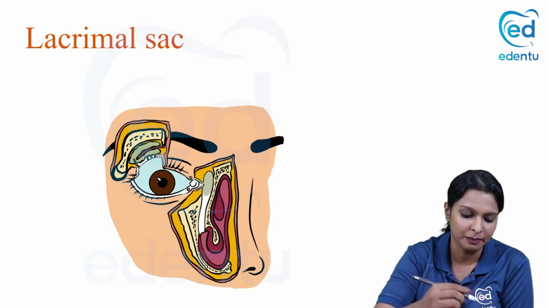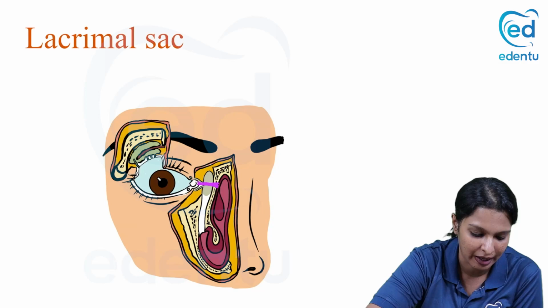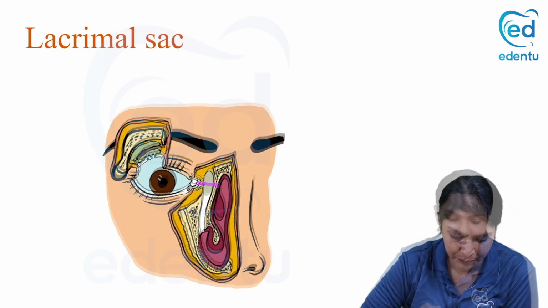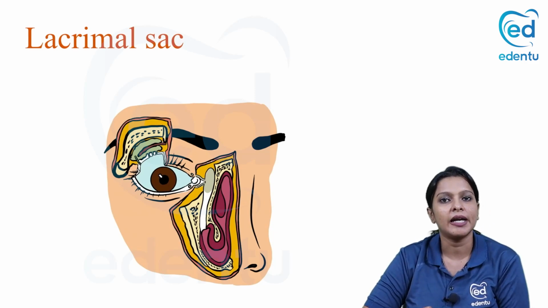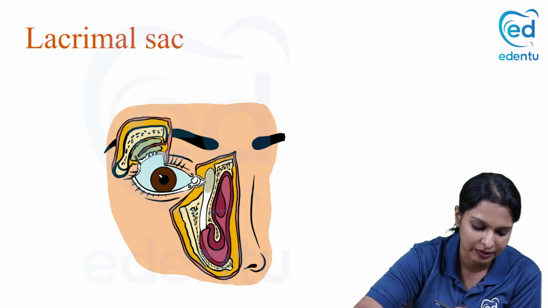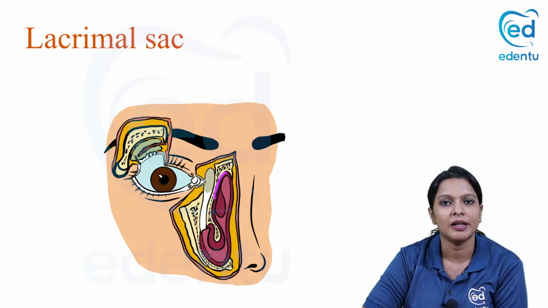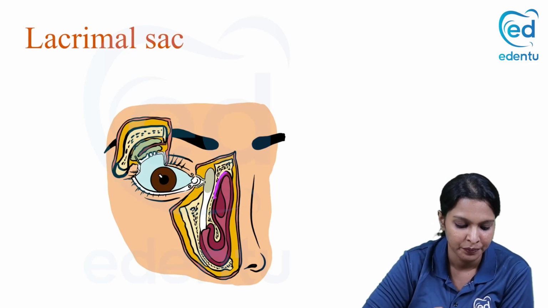Anteriorly it is related to a raphe called the medial palpebral raphe, or medial palpebral ligament. That is the anterior relation of this sac. What is the medial relation of this sac? It is related to the nasal cavity. Medially it is related to the bone and then to the nasal cavity.